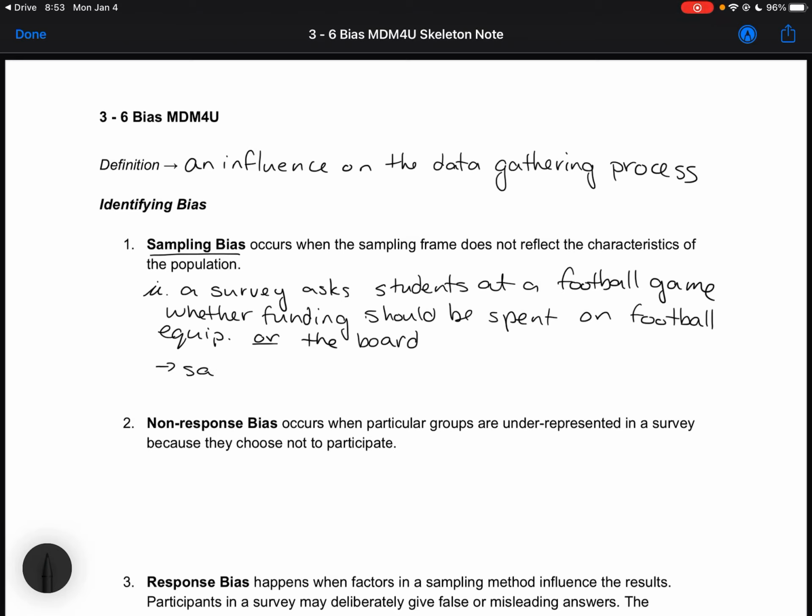Right? So the problem here is that the sample only has football fans. It doesn't represent the entire population that this survey affects.